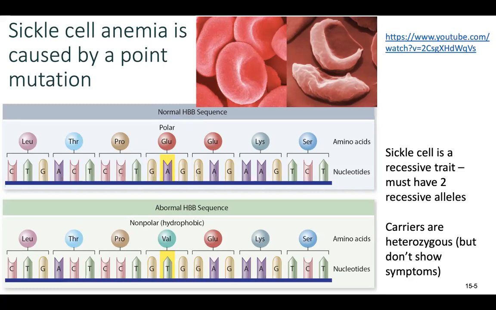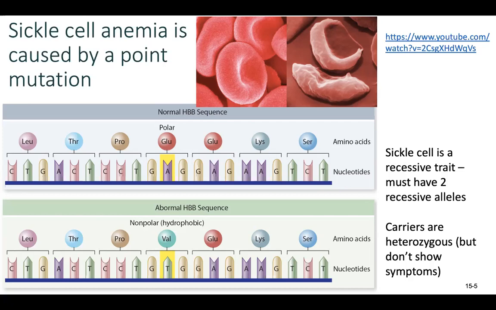Okay, so what happens? There's not much change in the gene that causes this in order for sickle cell anemia to be the product. This is a gene called HBB. It has to do with hemoglobin. So in the non-mutated version, the normal HBB sequence, there's an adenine here, which is going to code for glutamine.